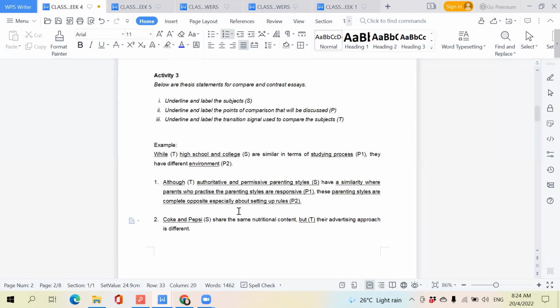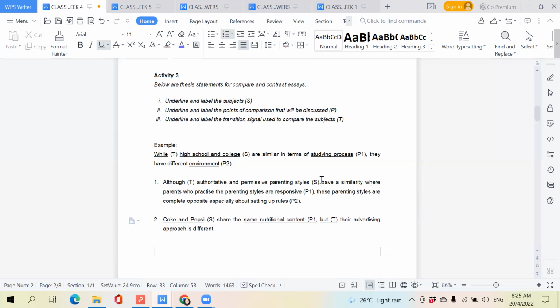So you know this one is about similarity. The way it's written is very clear. Share the same. That means this is similarity. So anyway, this is the point of comparison number 1. Okay, this is P1. So this will be further developed in which body paragraph?